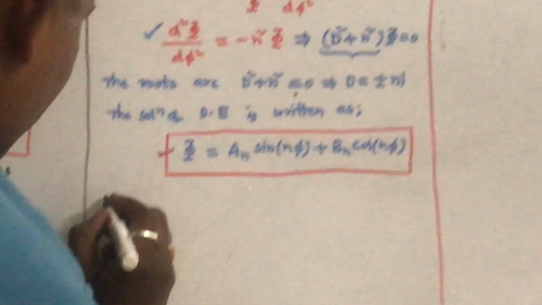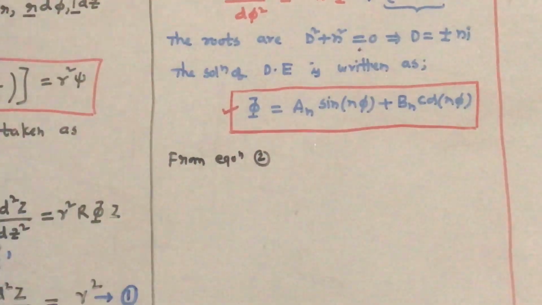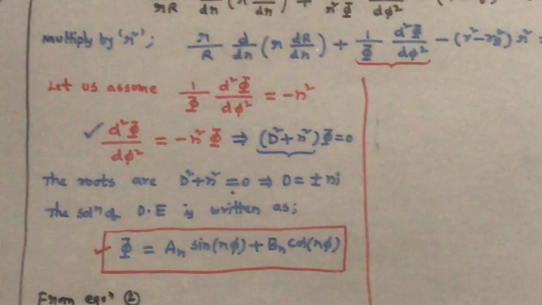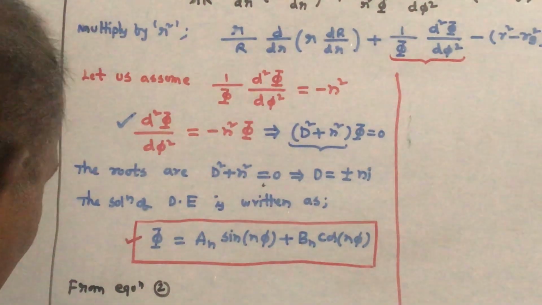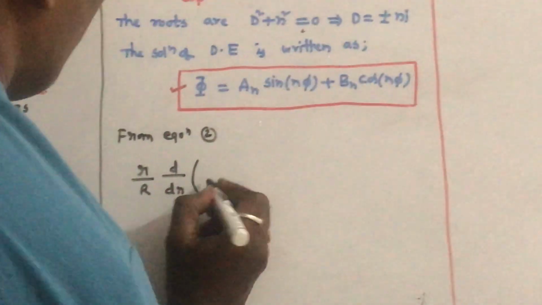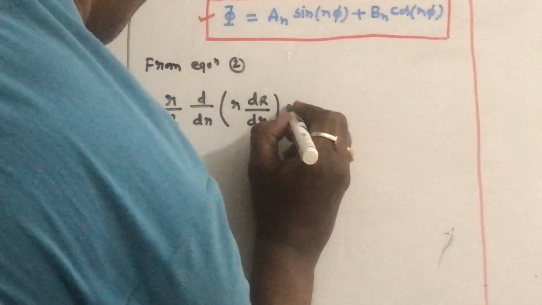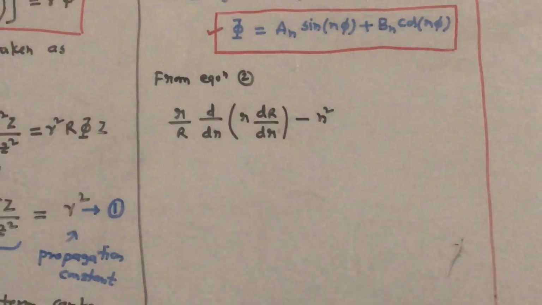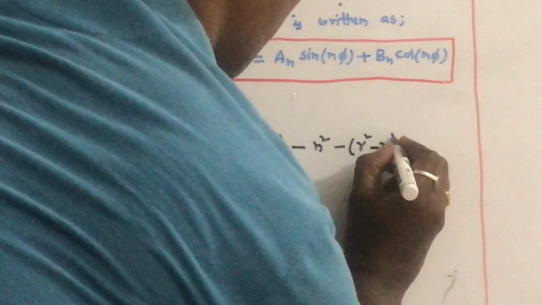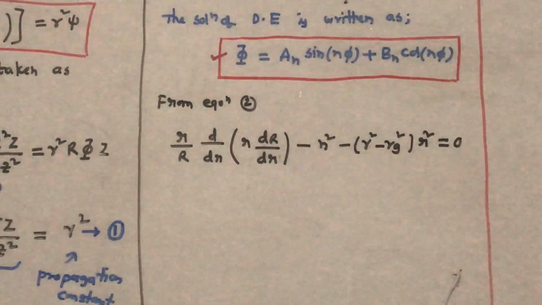So therefore from equation 2, what can we write? We substitute this term equal to minus n square. So this equation is written as small r by capital R into d by dr of r into dR by dr, minus n square, minus gamma square minus gamma g square into r square is equal to 0.